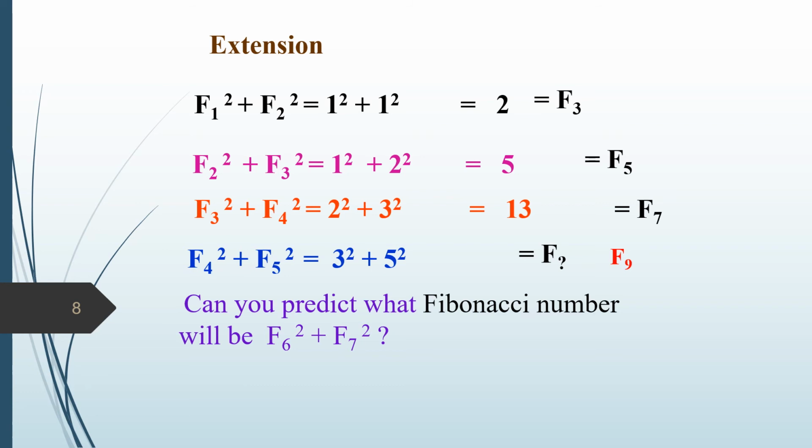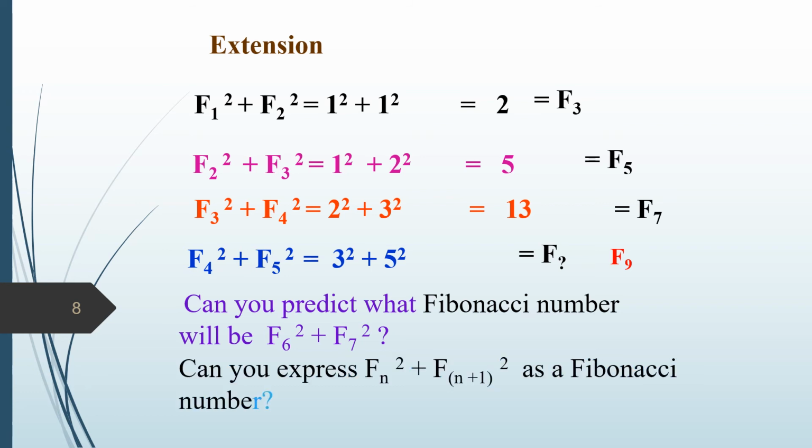And f6 squared plus f7 squared should be equal to f13. And if we want to generalize the result, fn squared plus fn plus 1 the whole squared is a Fibonacci number, it should be f2n plus 1. Again, for higher class students, we can ask them to prove it algebraically.